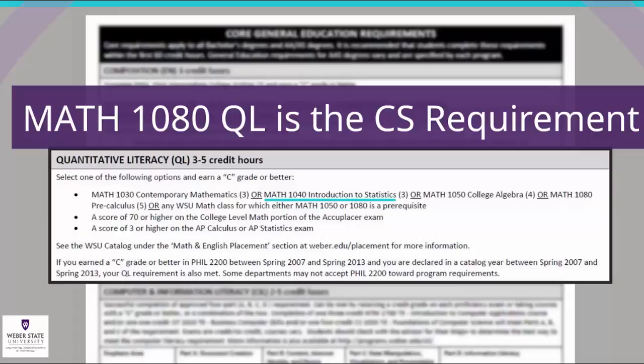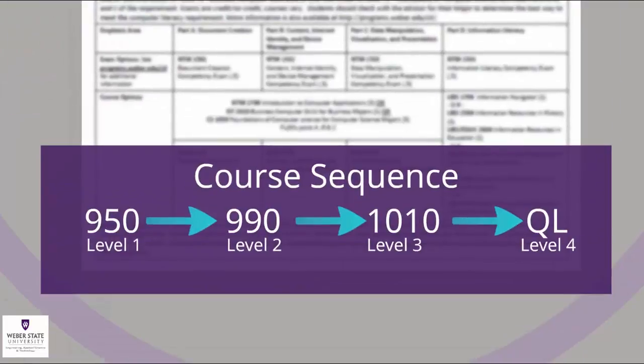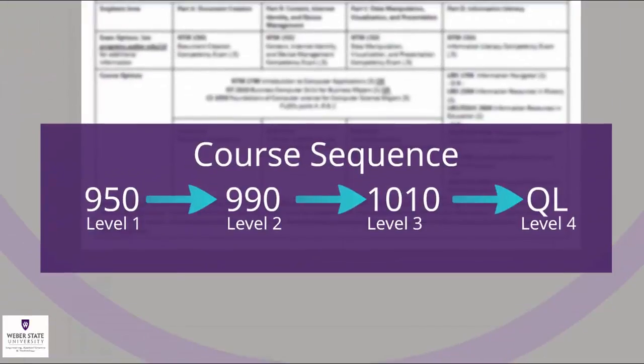As with English, you may need to take prerequisite courses before taking Math 1040, depending on where you were placed in the Math Mastery Exam or ACT in the past 2 years. The computer science math sequence is Math 950, Math 990, Math 1010, Math 1040.